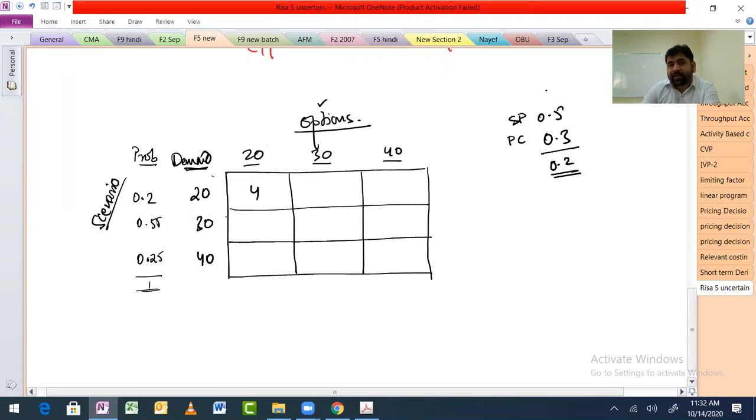Now if you are buying 20 and selling 30, how much profit? Still 4. And if you are buying 20 and the demand is 40, you will be able to sell only 20, right? Fine.